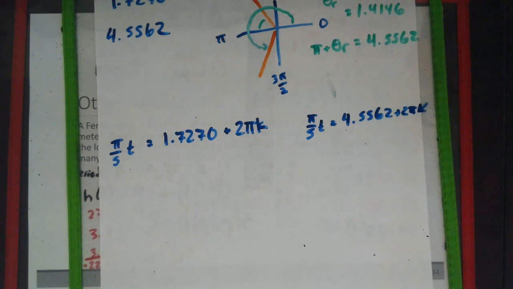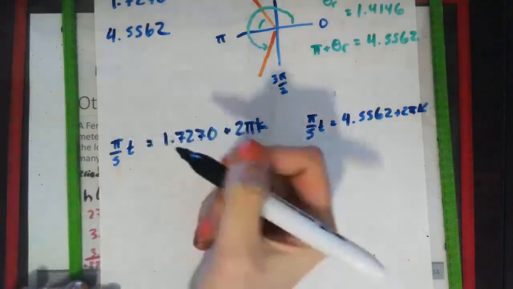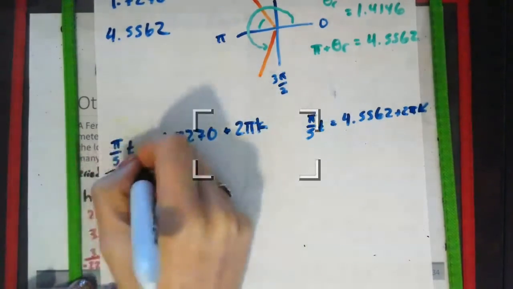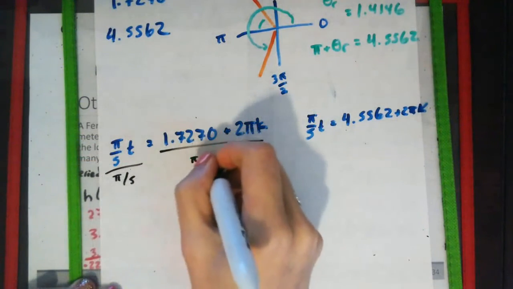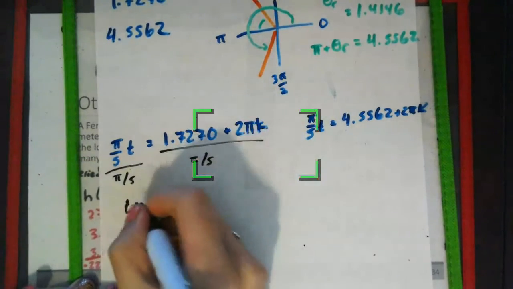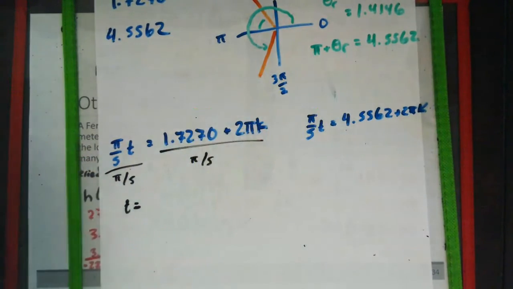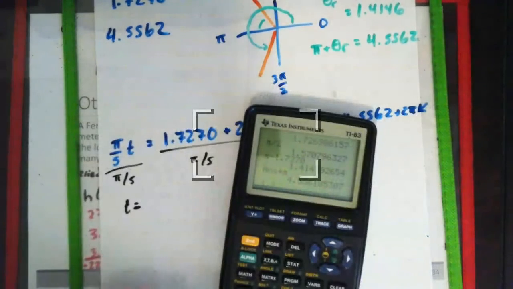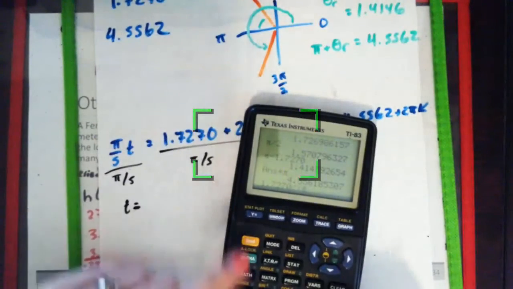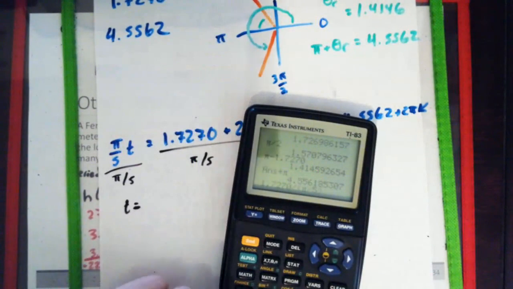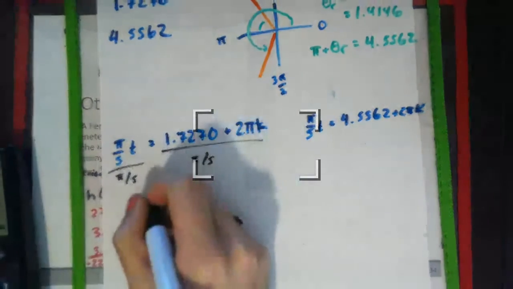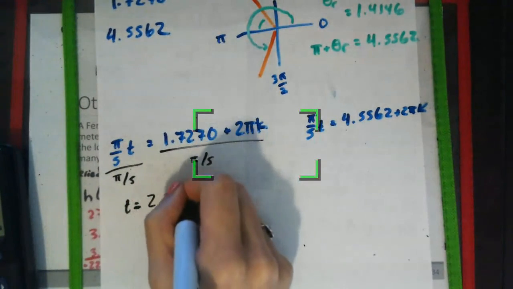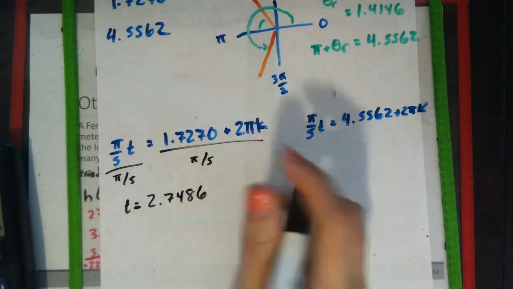To solve for t, I divide both sides by pi over 5, which is the same as multiplying by 5 over pi. We get t equals 1.7270 divided by pi over 5, which is equal to 2.7486.